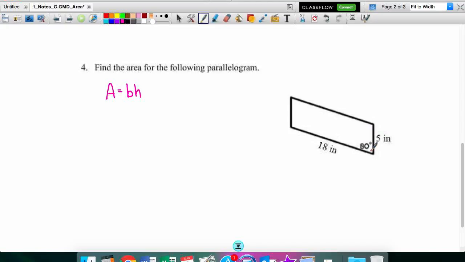What I would actually suggest is using the 18 as my base and using this perpendicular here as your height. And that's not necessarily the best. I'm actually going to enlarge this triangle so that I can use it to find my height. So if I enlarge this triangle, what I'm looking at is something that looks like this.